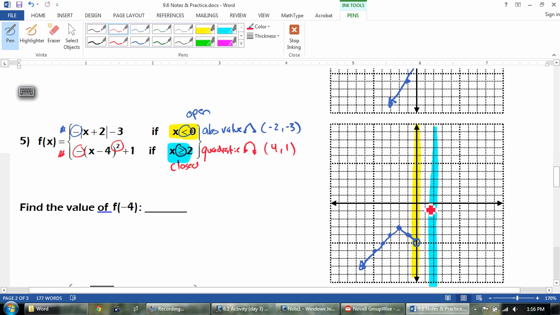So at 1, 2, 3, 4, 1, and I'm going down 1 over 1, down 3 over 1, and I'm closed there, and then I just complete my pattern. Okay? And if you want to see without the lines, that's what it would look like. At f of -4, go on to 1, 2, 3, there's -4. My answer is -5.